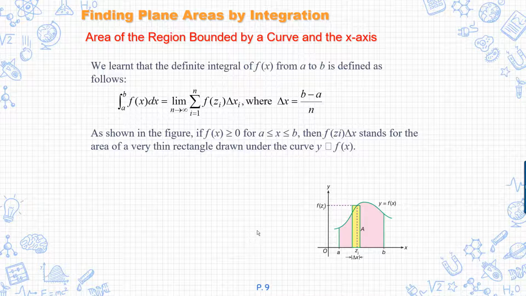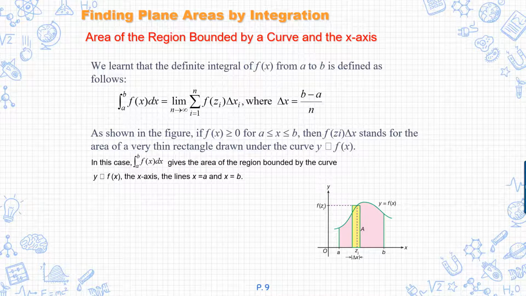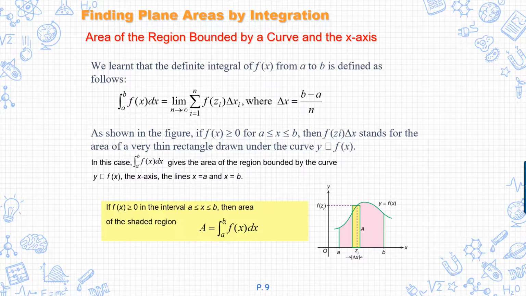When f(x) is greater than 0 for some interval a to b, this algebraic area is basically the area above the x-axis, and so is actually the area we wanted. If we have a very thin rectangular strip drawn at the point zi, the height of the function is f(zi) and the width of the strip is delta x, so the area of this small strip is f(zi) multiplied by delta x, and when we sum up these strips all the way, we get the area.